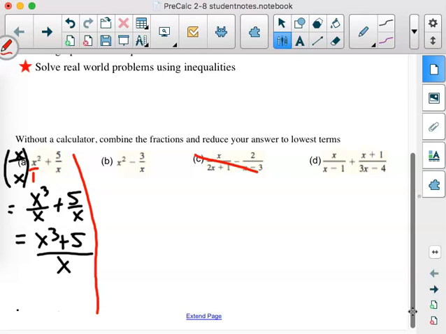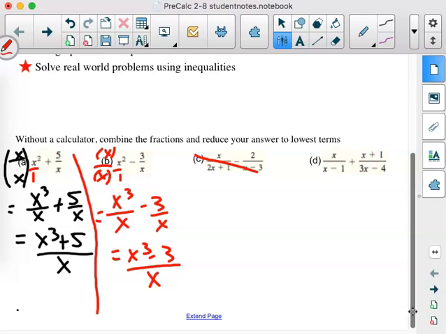So for B, the only thing to be a little bit more careful with on this one is the fact that it's subtraction. But because it's not a real complicated problem, I mean, our numerator just has one term up there, shouldn't be too bad to just leave it as subtraction. The big deal is that we need that common denominator. So this first fraction, again, will need an x on the top and the bottom. And that'll be x cubed over x minus 3 over x, and that is x cubed minus 3 over x.